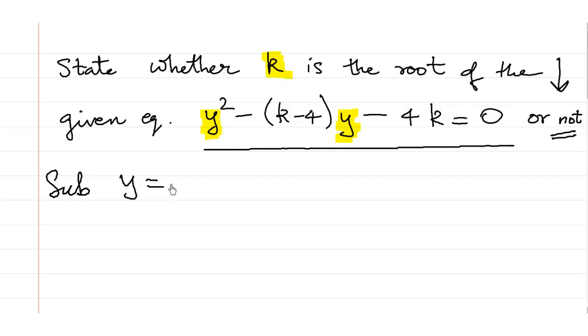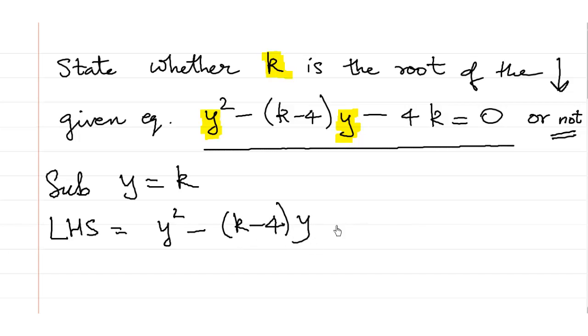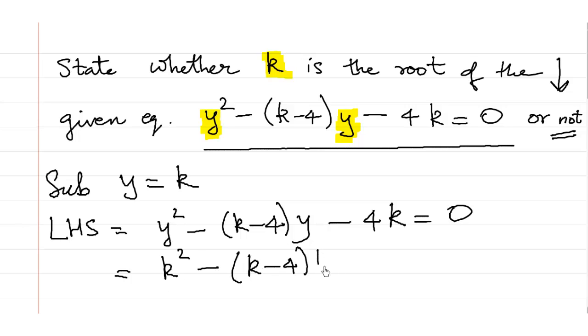y is equal to k. And let's see what is the LHS. The LHS is equal to y square minus k minus 4 y minus 4k. So we'll put y is equal to k. So k square minus k minus 4 multiplied by again k minus 4k.